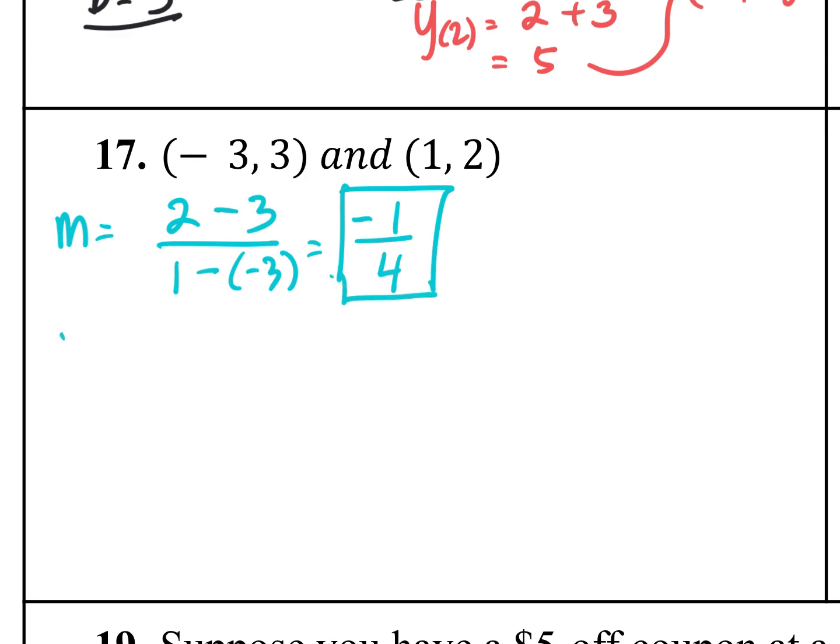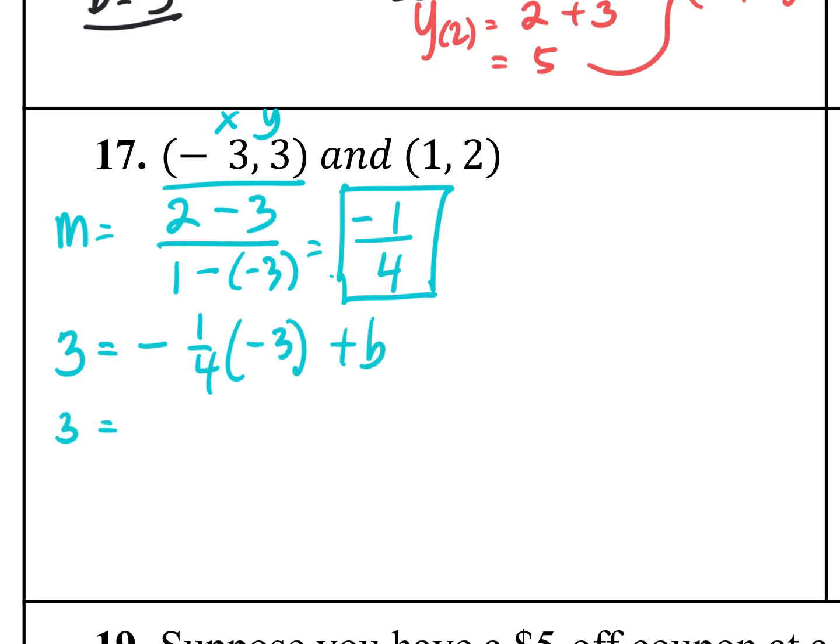Now let's find b using negative 3, 3. This is my y and this is my x. Using my slope negative 1 over 4 multiplied by negative 3 plus b. 3 is equal to negative 1/4 times negative 3, which gives you positive 3 over 4, plus b.